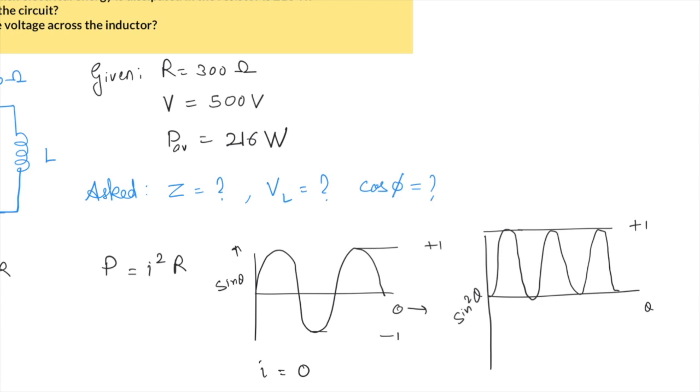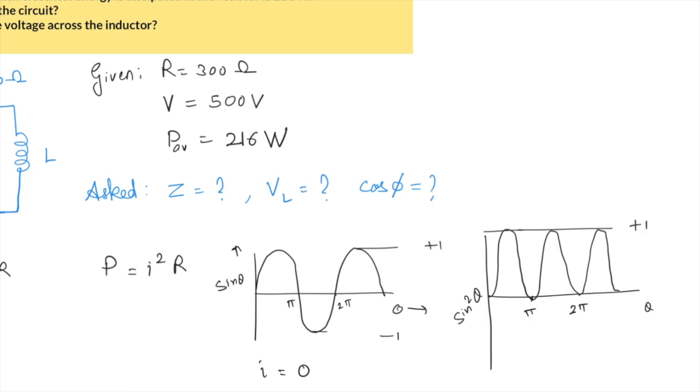So if previously I had these values, 0 to pi and here we reached 2 pi, now this pi would be here, and this negative part comes back over here, and it is twice of pi.